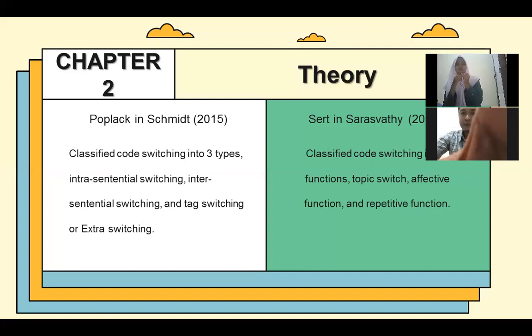Meanwhile, repetitive function is used by the teacher in explaining the meaning of words and sentences, like that.